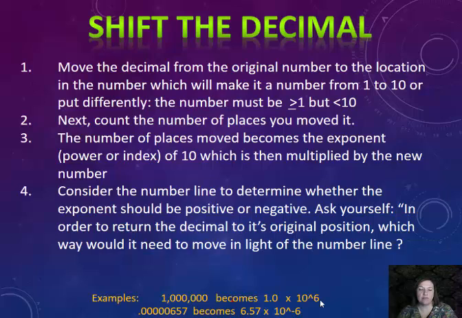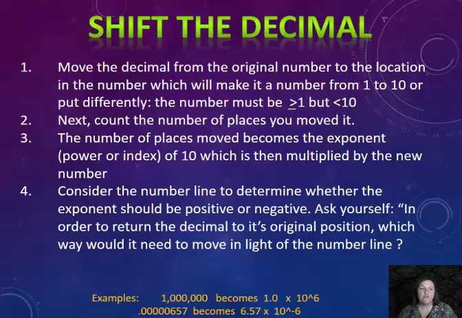Now, the way that you would do that is you would follow these steps. First of all, we know that every whole number has a decimal present whether we see the decimal or not. So it is there even if it is not written. In this number 1 million, after the 6th zero, there's a decimal.